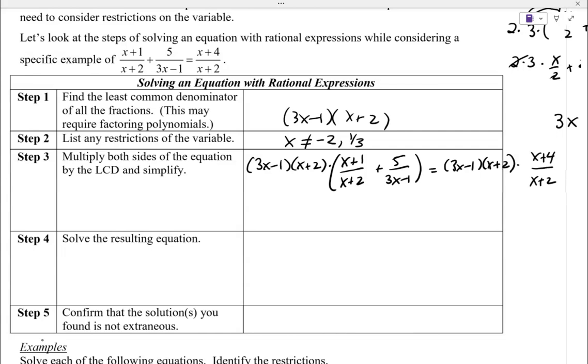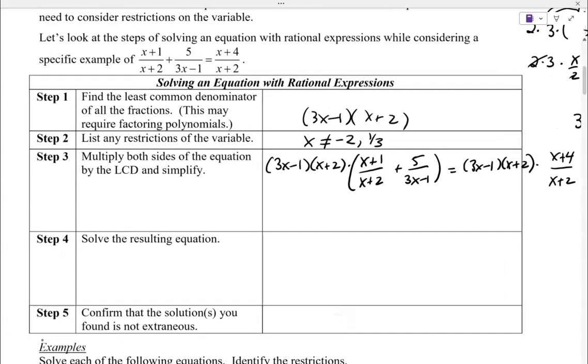Make the fractions go away. Now be careful. This is a plus sign in the middle here, right? Yeah. So right now I cannot cancel these x plus 2's. And I need to distribute first and then cancel. Okay? Remember, we can't cancel in individual term pieces, right? Distribute first and then cancel. Okay?